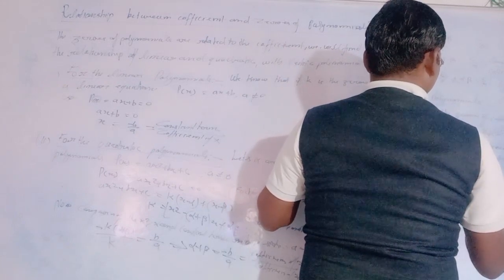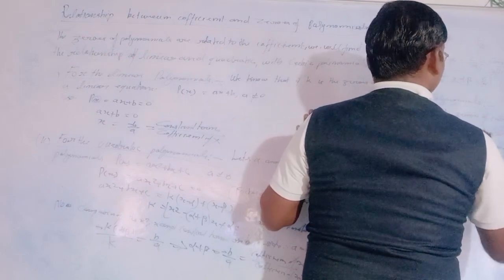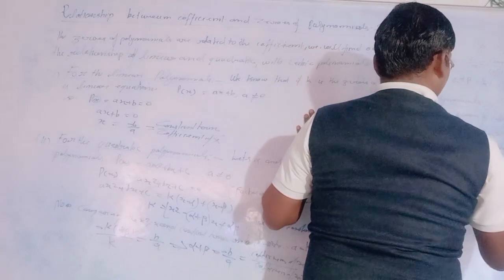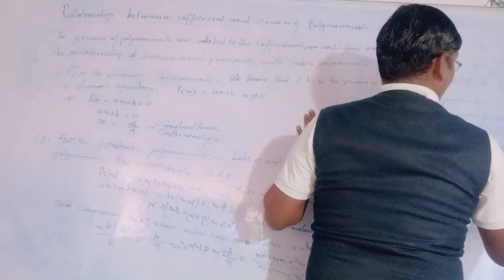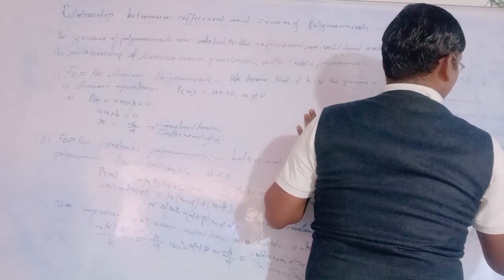What it means is the coefficient of x by the coefficient of x cube. In the second term case, it is c by a, the coefficient of x by the coefficient of x cube.